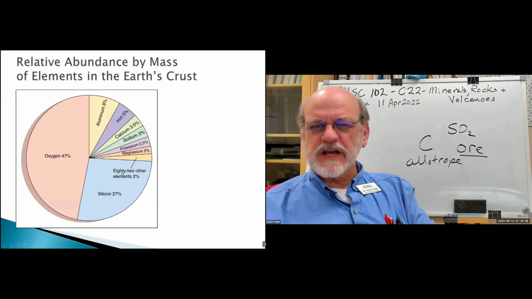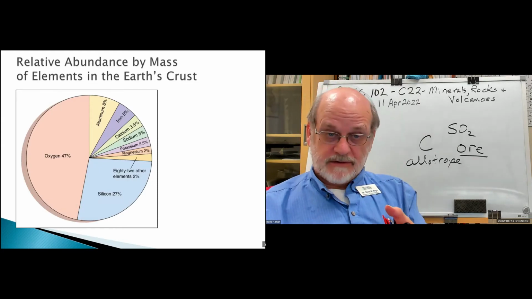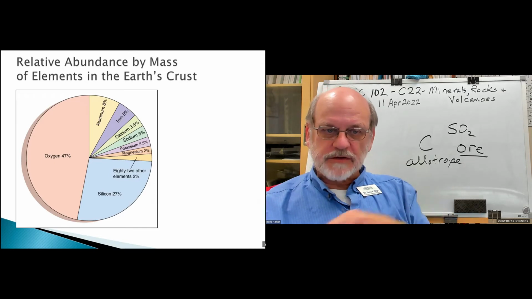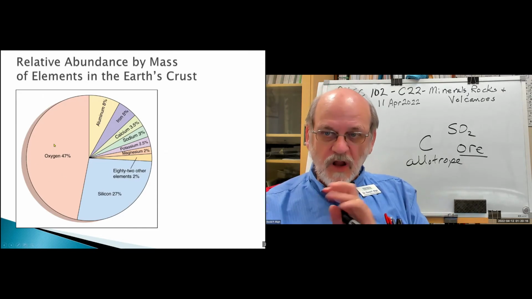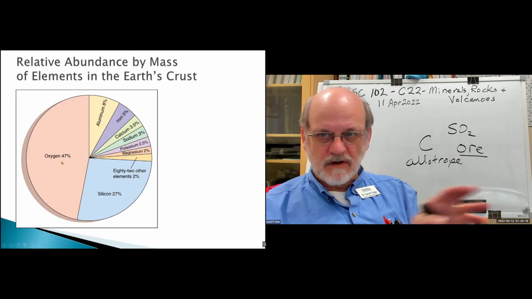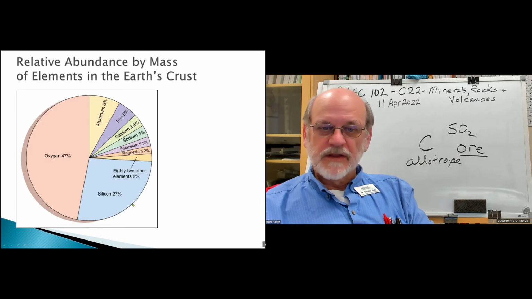Okay, this is a representation of the relative abundance by mass of elements in the Earth's crust. And notice that oxygen is by far the largest by mass of all elements in the Earth's crust. Silicon comes next, then aluminum.